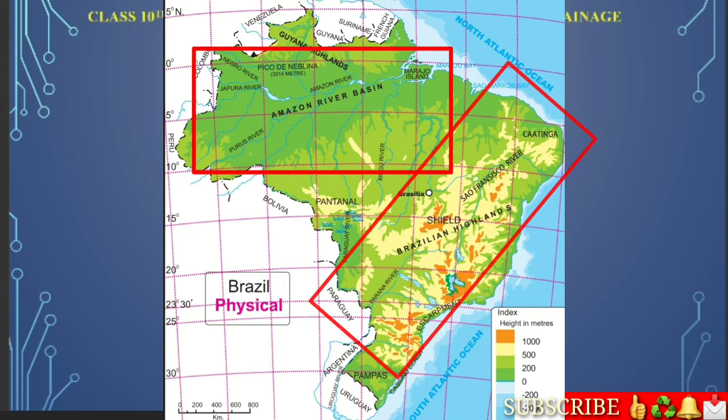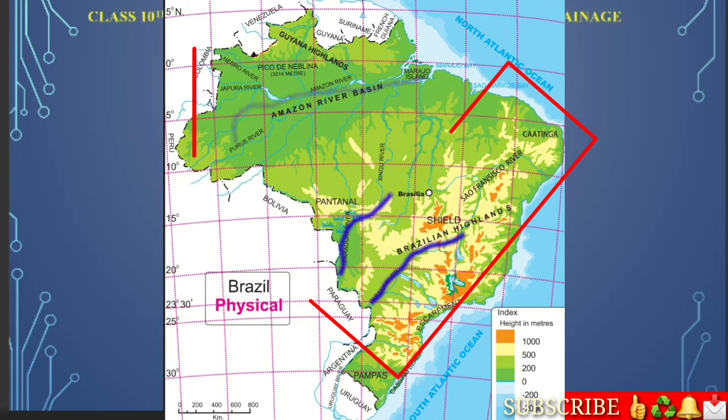In the east and south, we can see Brazilian Highlands, and a lot of rivers are there. Some large rivers are there and some short rivers are there. We can see Amazon is the largest river here, as well as Parana and Paraguay. These are the rivers flowing towards southwest and meeting Argentina.